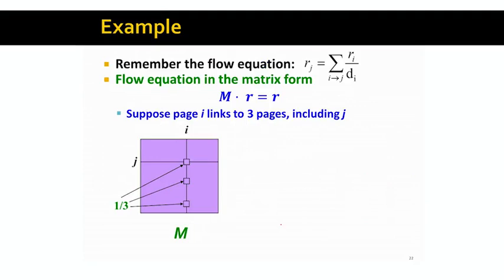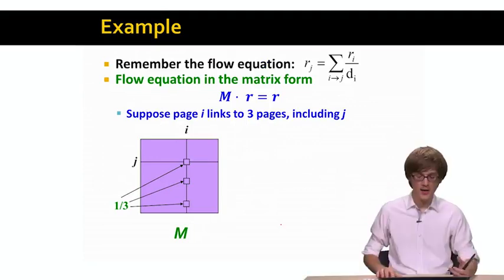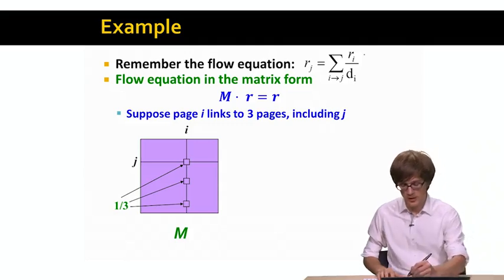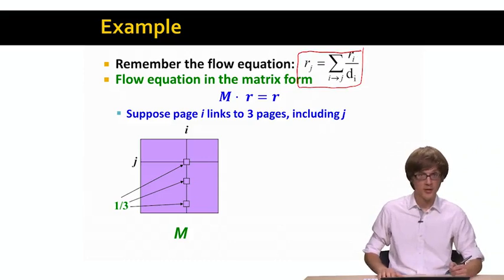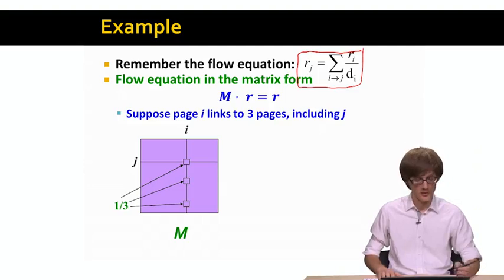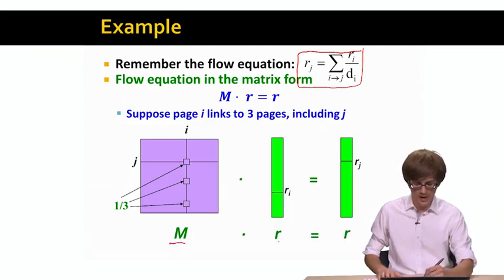So just to convince you or demonstrate why we can take our initial flow equations and express them as this vector matrix product, this may not be obvious. So here is how we can understand that what we are doing is actually true and correct. The idea is the following, right? Imagine that I have my matrix M here at the bottom, and I have my vector r, and now I'm multiplying M times r.